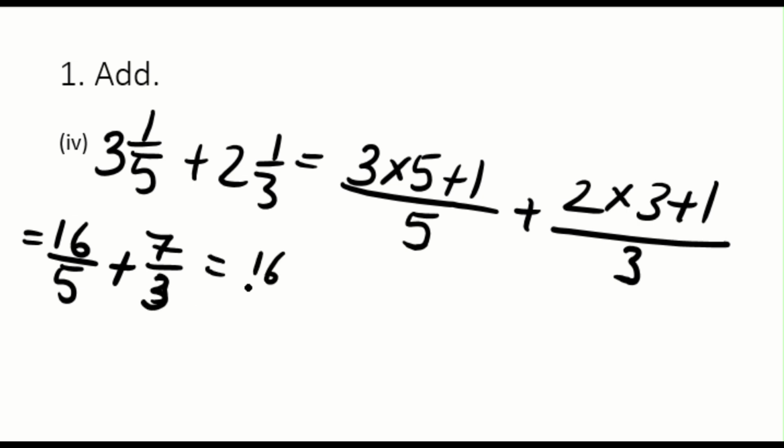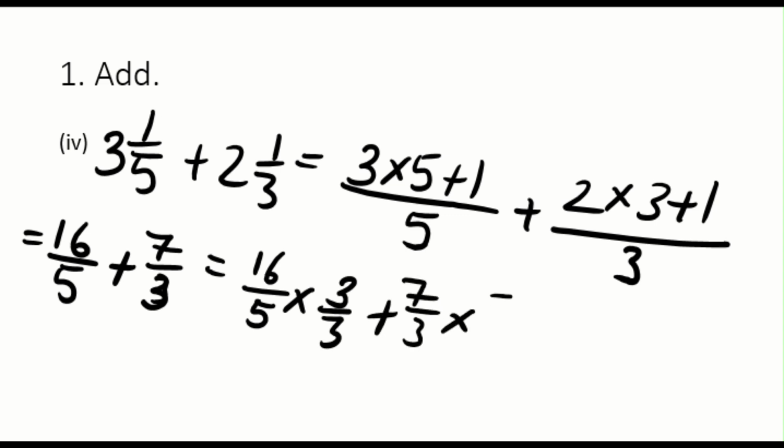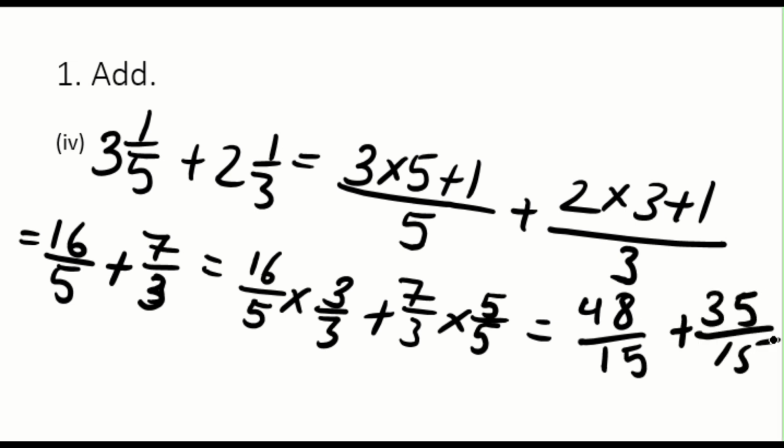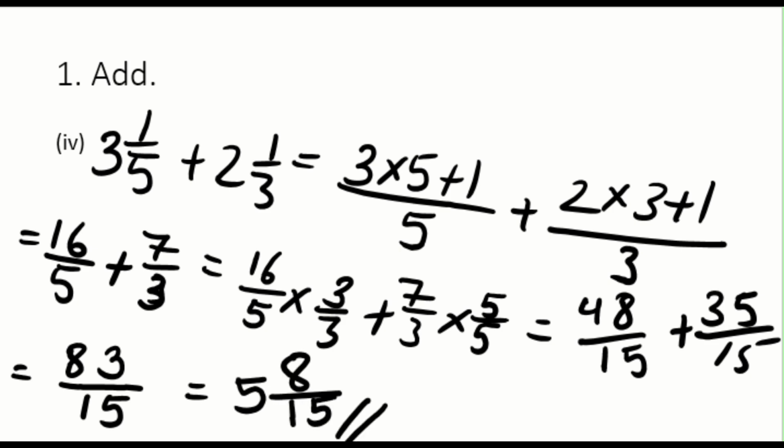To make it, we multiply 16 upon 5 by 3 upon 3, and 7 upon 3 is multiplied by 5 upon 5, which is then equal to 48 upon 15 plus 35 upon 15, which is then equal to 83 upon 15. If I convert this into a mixed number, I'll get 5 8 upon 15. The answer will be the same.